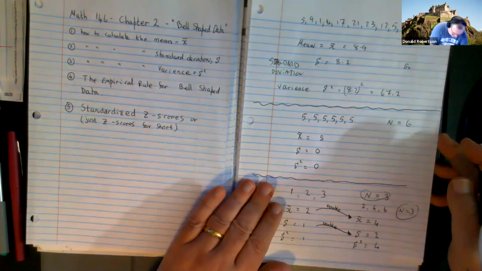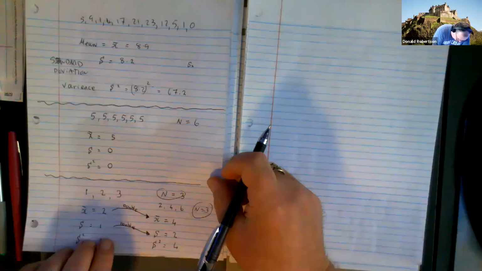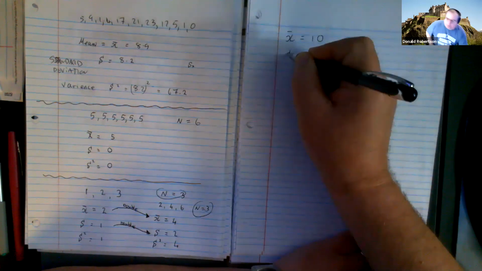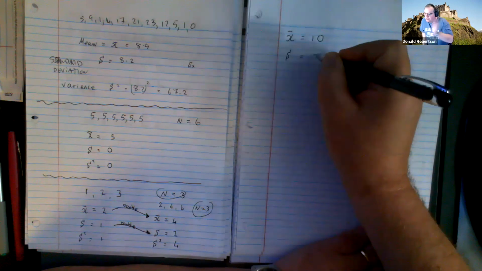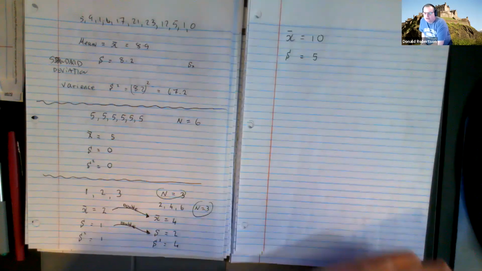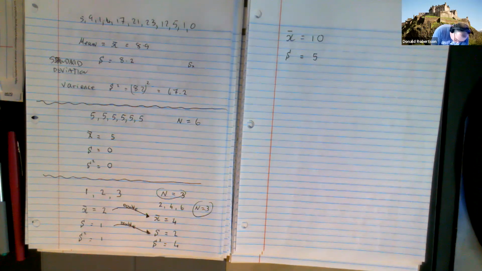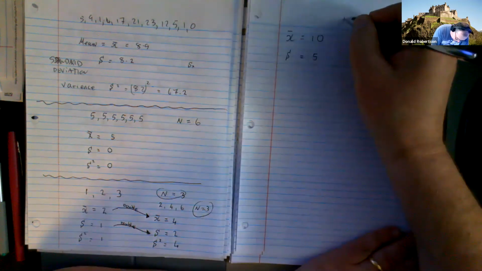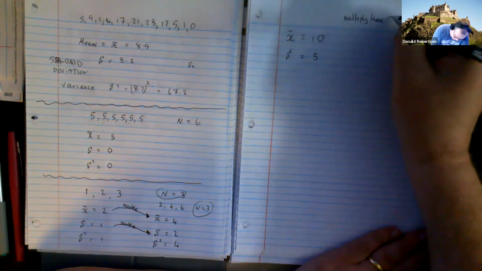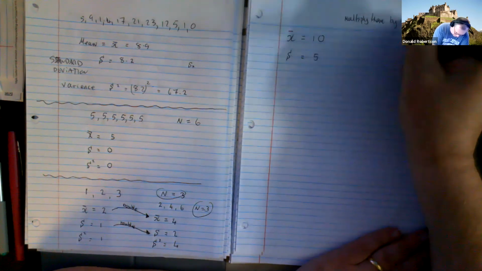So what we're trying to get out of that. Imagine I have a set of data and the mean is 10 and the standard deviation is 5, right? So I've got 2,000 numbers and I got really lucky and the mean was 5 and the standard deviation was 5. And I took those numbers and I multiply them by 3.